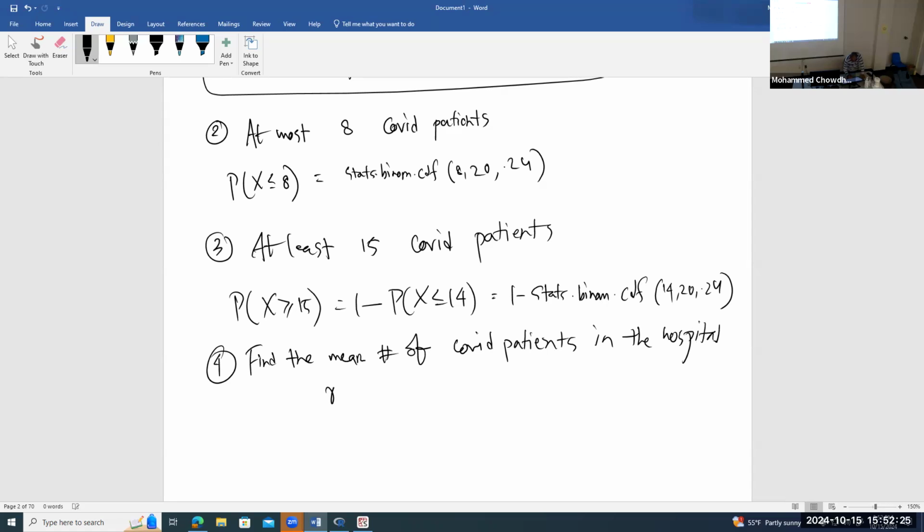Okay, so N times P, N equal to 20, and this is 0.24, 4.8.